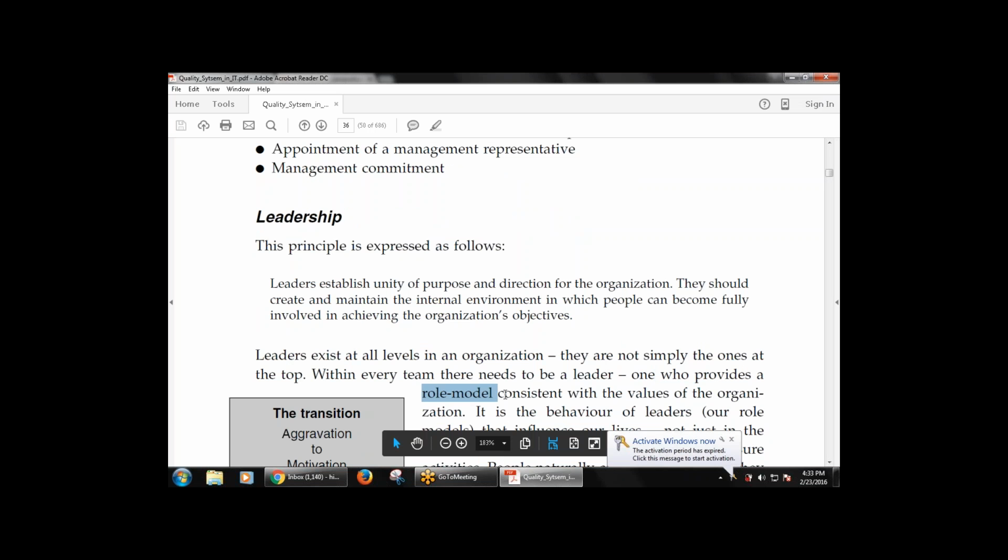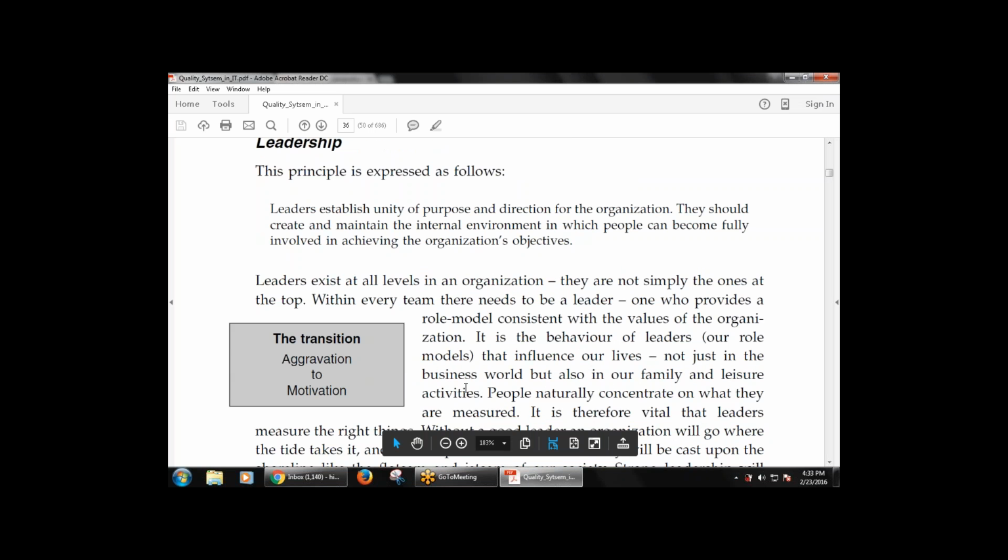A leader is one who provides a role model consistent with the values of the organization. The behavior of leaders influences our lives, not just in the business world, but also in our families and leisure activities.